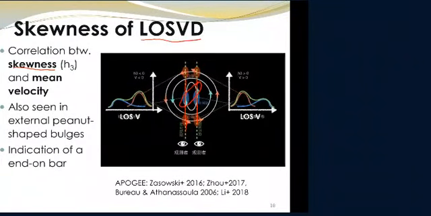We found that there's a very good correlation between the skewness of the distribution and the mean velocity of this distribution. Similar correlations are also seen in external peanut-shaped bulges. So it's a possible indication of an end-on bar. So this is very consistent.